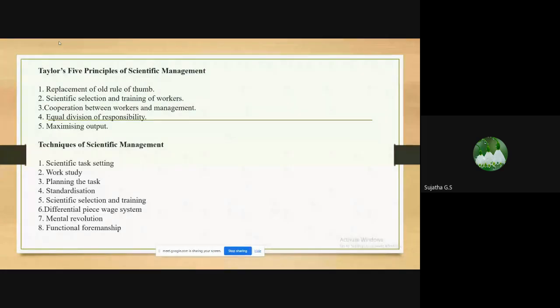Then standardization. This is the process of setting up in advance a standard for the raw materials, the products, the machinery, the work methods, the production methods, the working conditions, etc., with a view to improving the efficiency of the work.